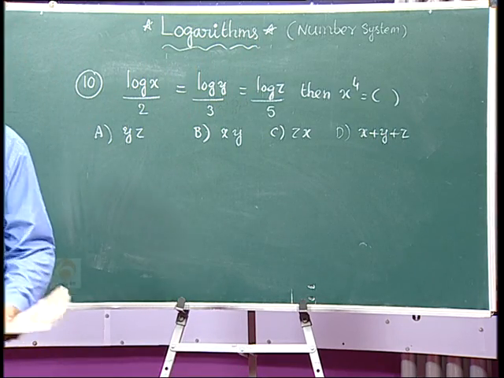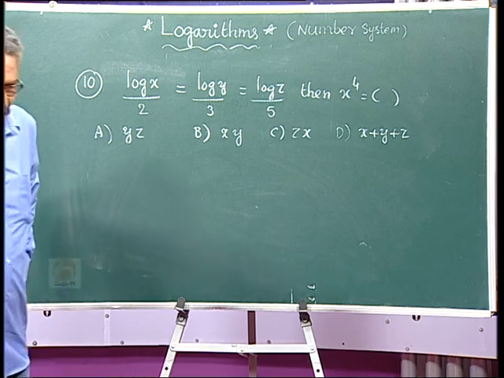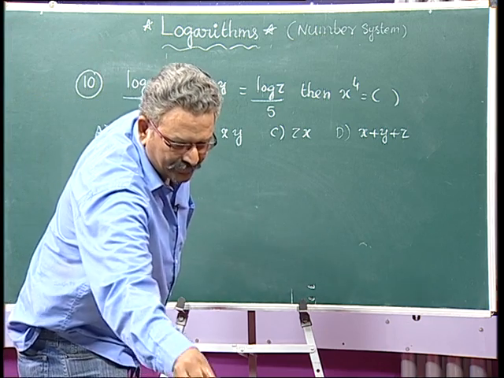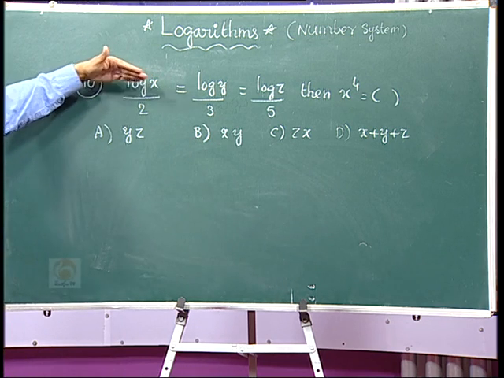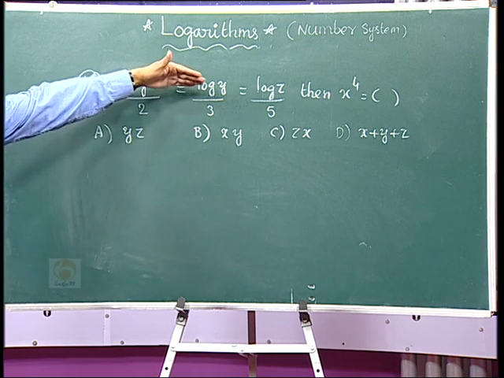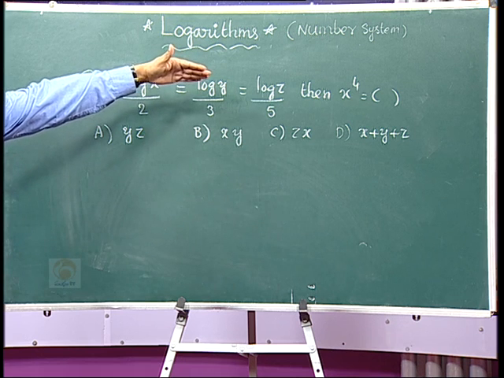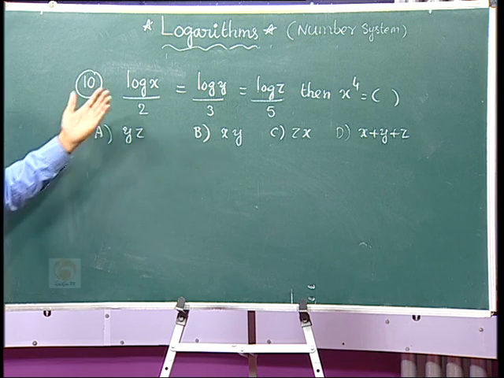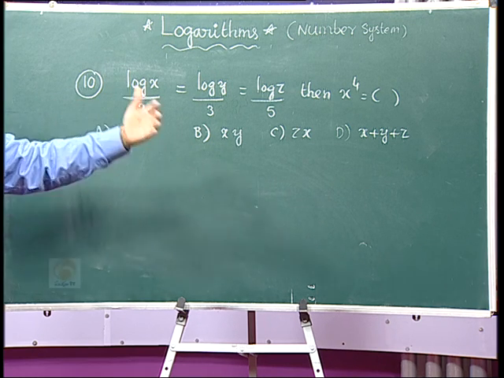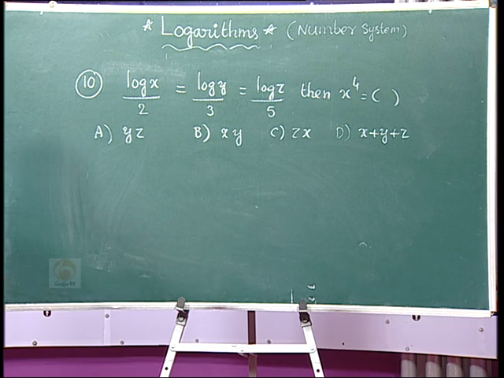Okay. So, how to solve this problem? Let us see. Log x by 2 is equal to log y by 3 is equal to log z by 5. Then x to the power of 4 in terms of y z, in terms of x and y, or in terms of z x, or in terms of x y z, we have to find the value.